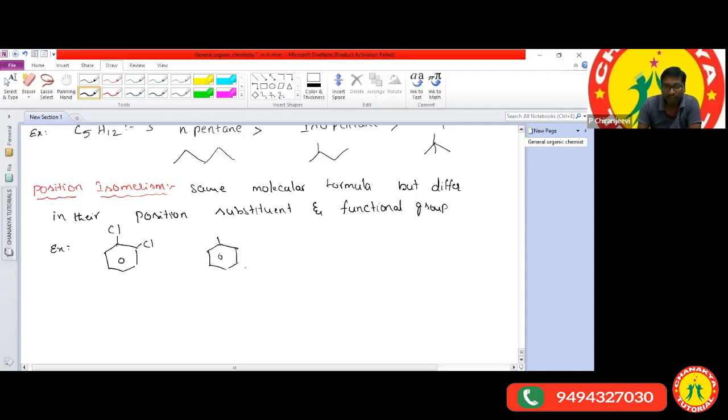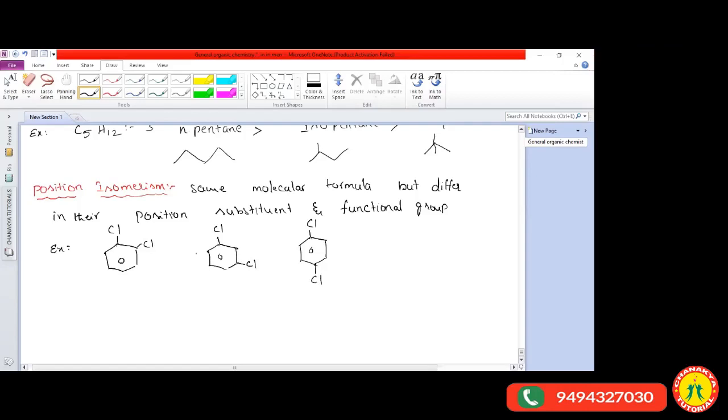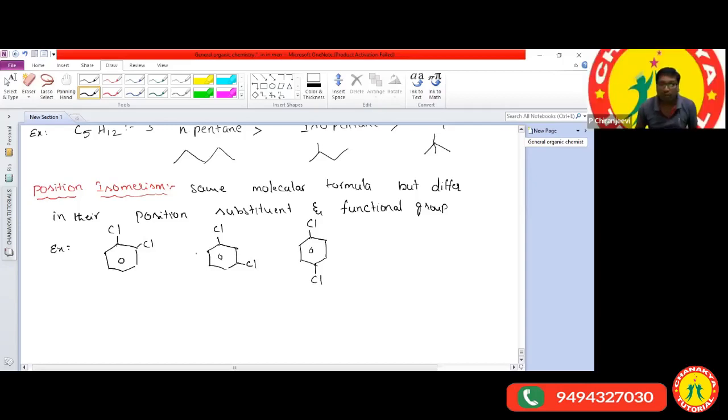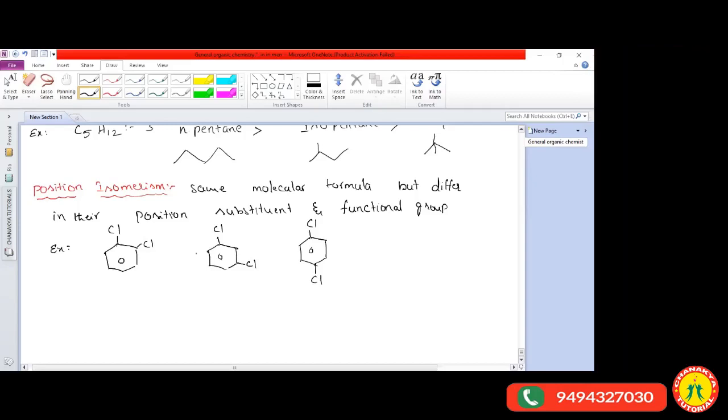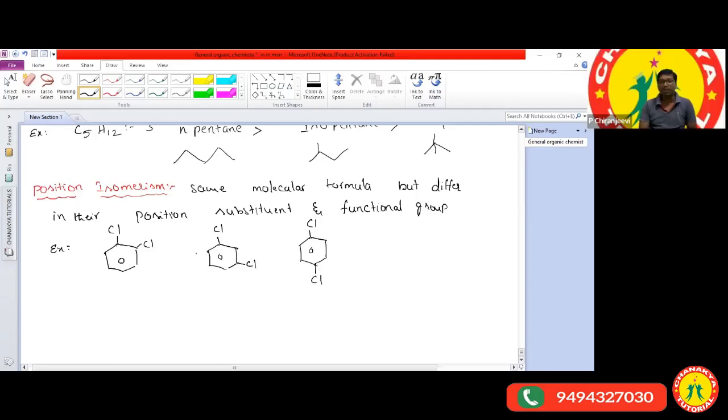Here also Cl and Cl, and these two also Cl and Cl. First observe all these three structures. What's the difference in the three structures? The position of the functional groups. Chlorine is the substituent.